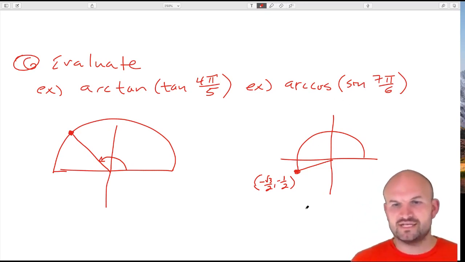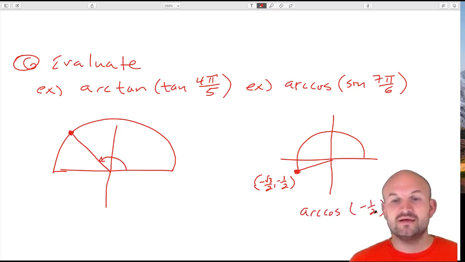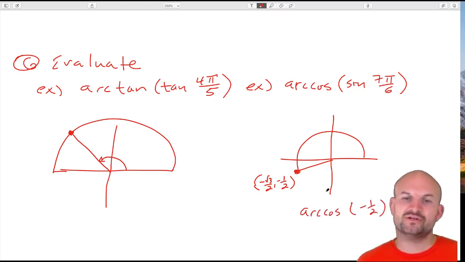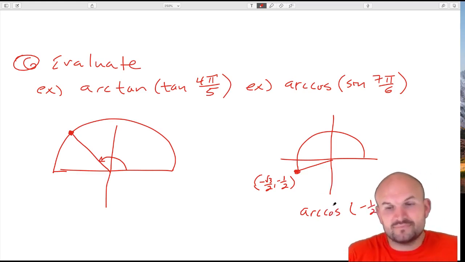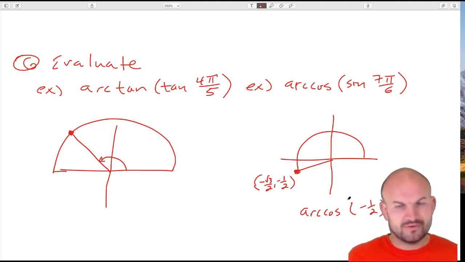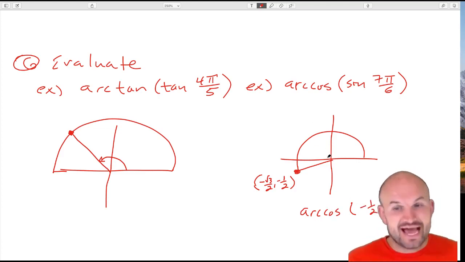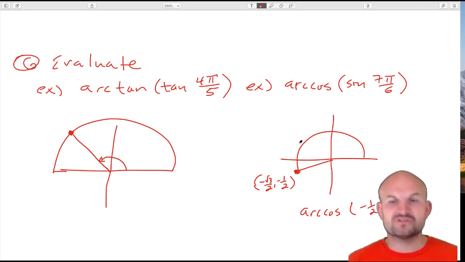So really what you're asking is the arc cosine of negative 1/2. Now, we have to make sure we understand that arc cosine is asking what angle gives us an x coordinate of negative 1/2. Well, for negative 1/2, it has to be in the second quadrant. Remember, the inverse cosine is restricted between the first and the second quadrant.